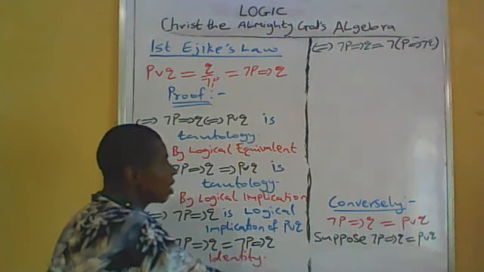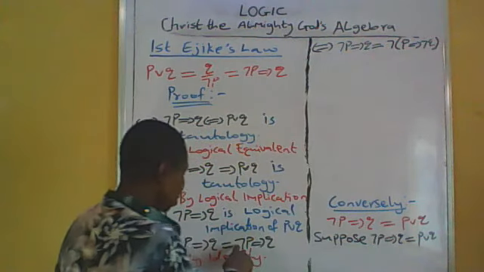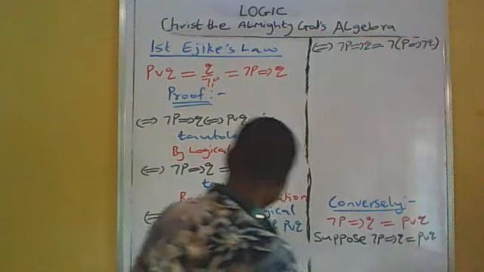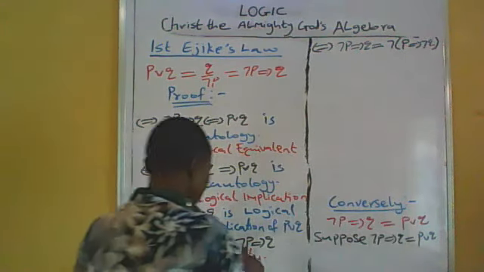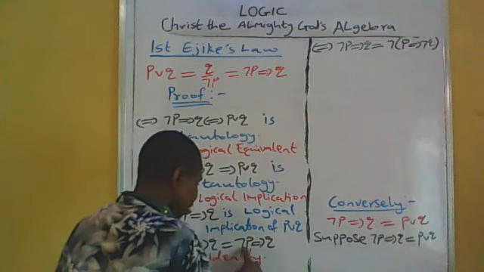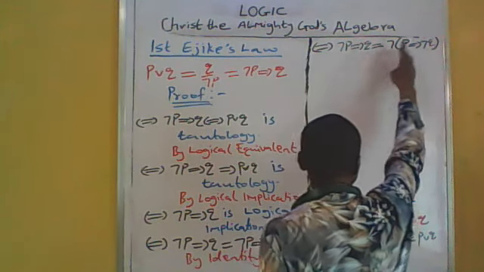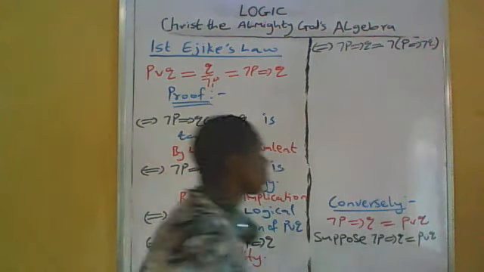Here it is positive, it becomes negative here, not Q. Here it is negative, it becomes positive here. That means P. Not bracket P implies not Q.